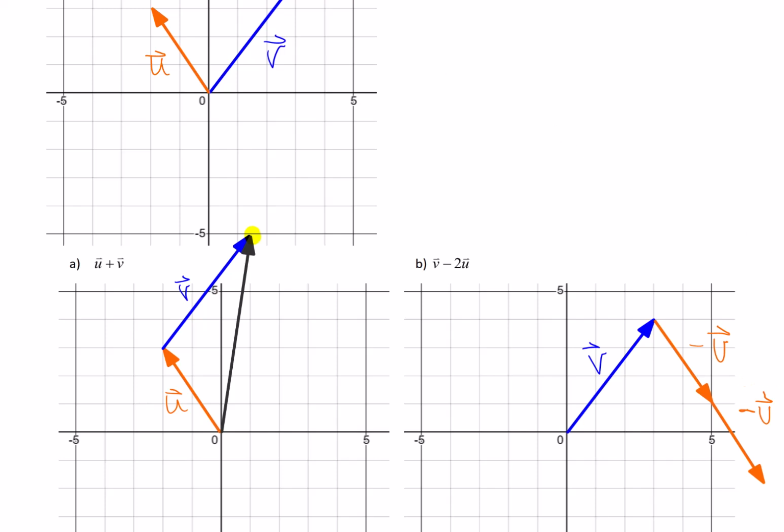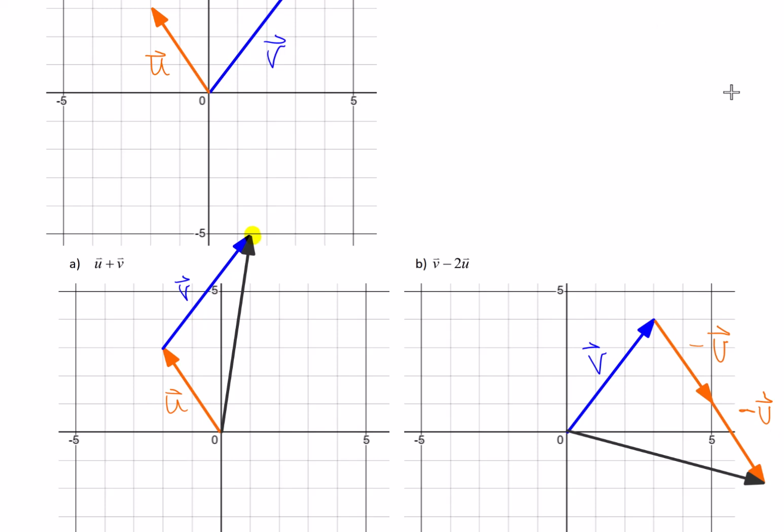That takes us to the final point. So if I now draw an arrow from the beginning of where v was to the end, from the initial point at the origin to the ending point where our second u ended, that would be the vector v minus 2u. We started with v, then we took away 2 u's from it.